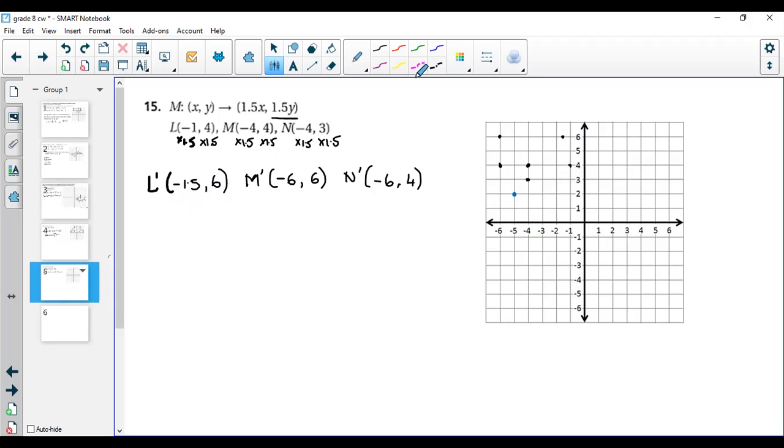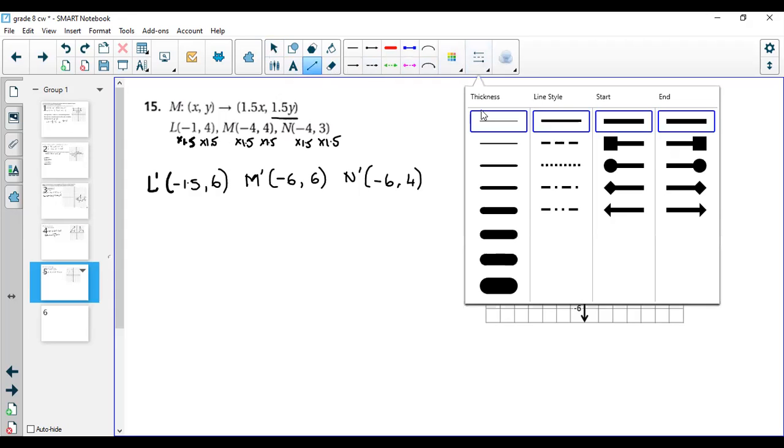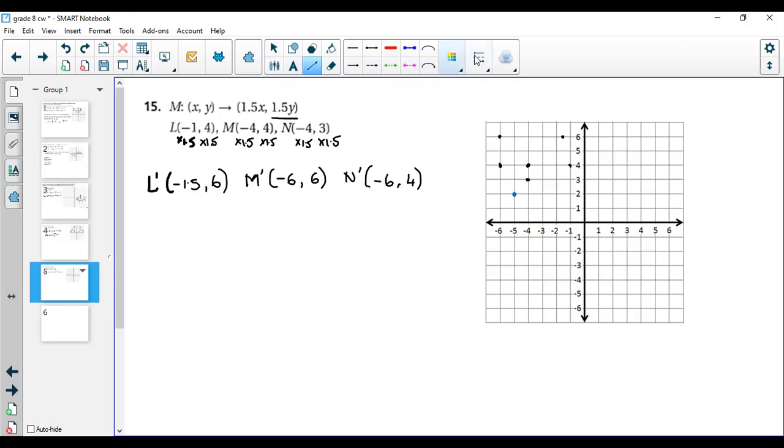So now don't get confused. If you think you are confused, draw the lines before you move on to the next one. So first let me join these. It looks somewhat funny. Okay. So this is the pre-image, which is LMN, and this is the image, which is the new one we got.